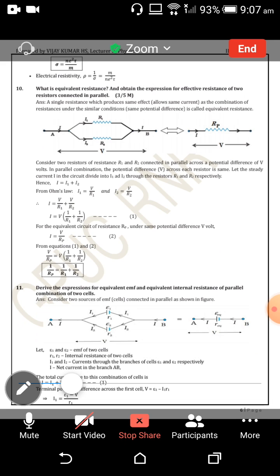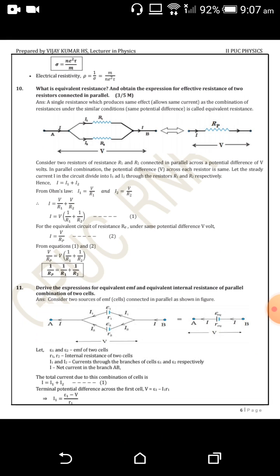The current through each resistor is given by I1 is equal to V by R1 and I2 is equal to V by R2. Adding that, you get I is equal to V divided by R1 plus V divided by R2, which is I is equal to V into 1 by R1 plus 1 by R2. That is equation 1, where we have taken V common.